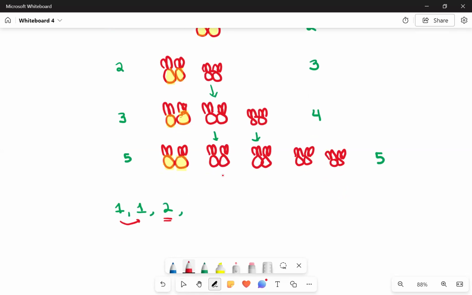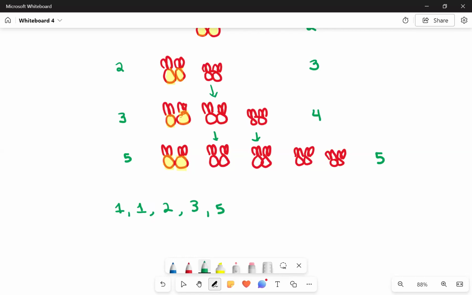And if I add 1 and 2 together, what do I get? 3. If I add 2 and 3 together, that gives me 5. And what I'm hoping you'll see is that is the pattern of numbers that we just had up here in the pairs of rabbits. Give me a second to erase all that.